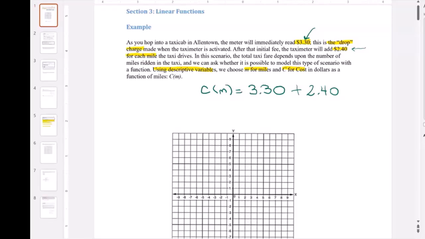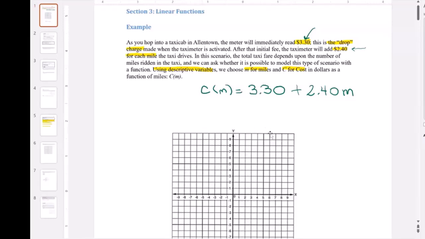So instead of adding $2.40 up every single time I go another mile, what I'm going to do is multiply the $2.40 times the number of miles. And I now have an equation. I have the cost is equal to $3.30 plus $2.40 times the number of miles I'm going to go.